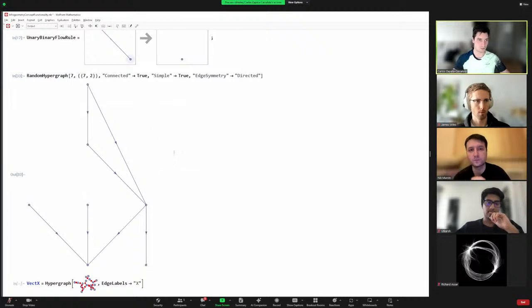And then maybe it's easy to just add the unary vertices here manually.